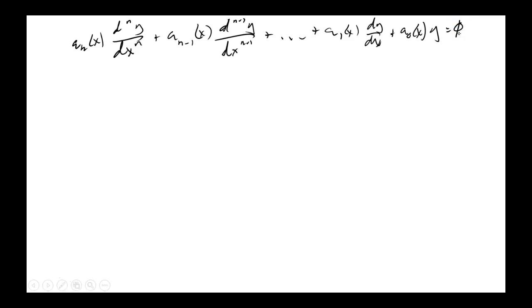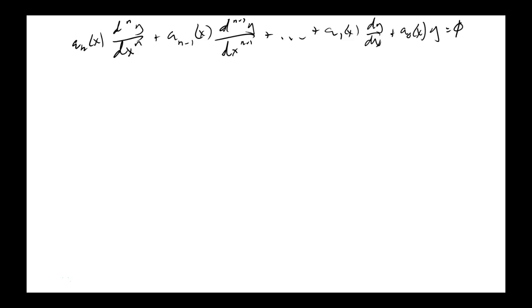Before, that was a g of x. Later we'll say the before thing was a non-homogeneous nth order linear differential equation. This is homogeneous, meaning it's equal to 0. So we've changed the meaning of homogeneous. The other one was homogeneous coefficients, they all had the same degree. This one is homogeneous because it's equal to 0.